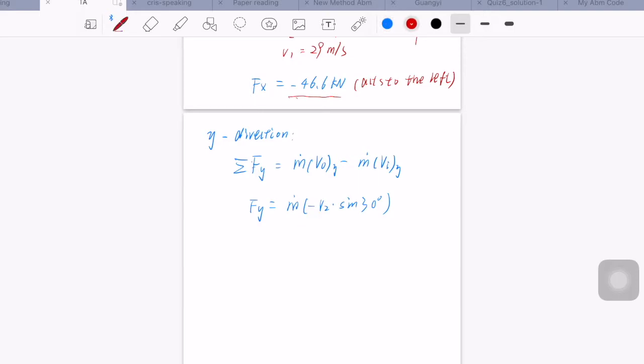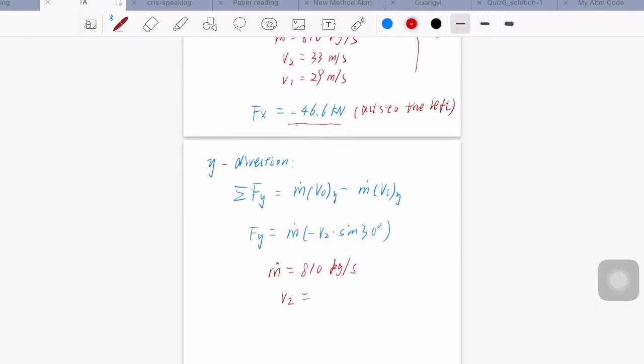We know m dot equals 810 kilograms per second, and v2 equals 33 meters per second.